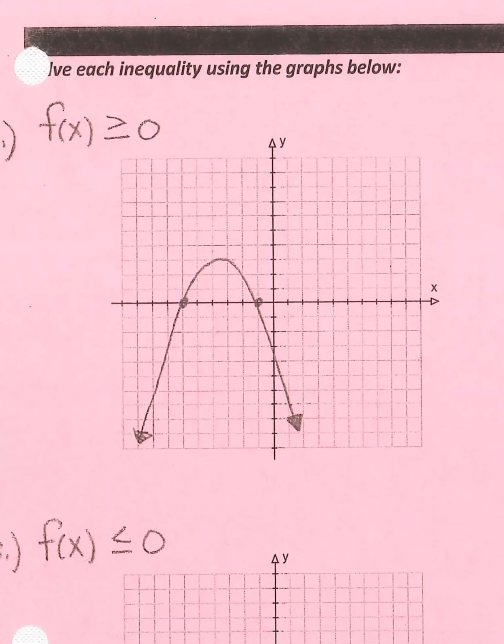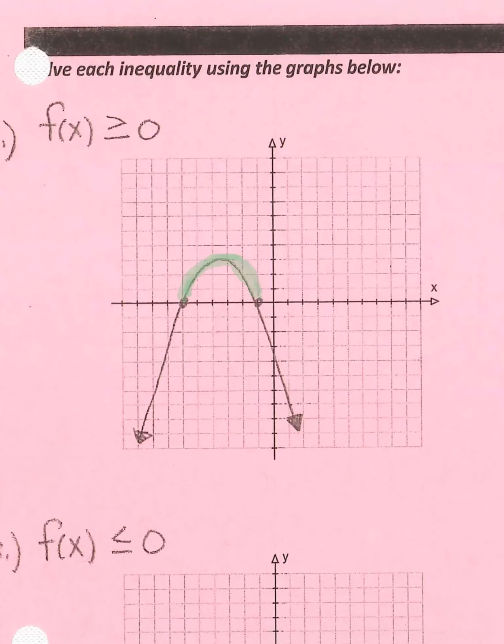Let me switch to highlighter here. Greater than or equal to 0 would be right here. This region of the graph has my function being greater than or equal to 0. So I'm going to write that in interval notation. What are the x values for this portion of the graph?